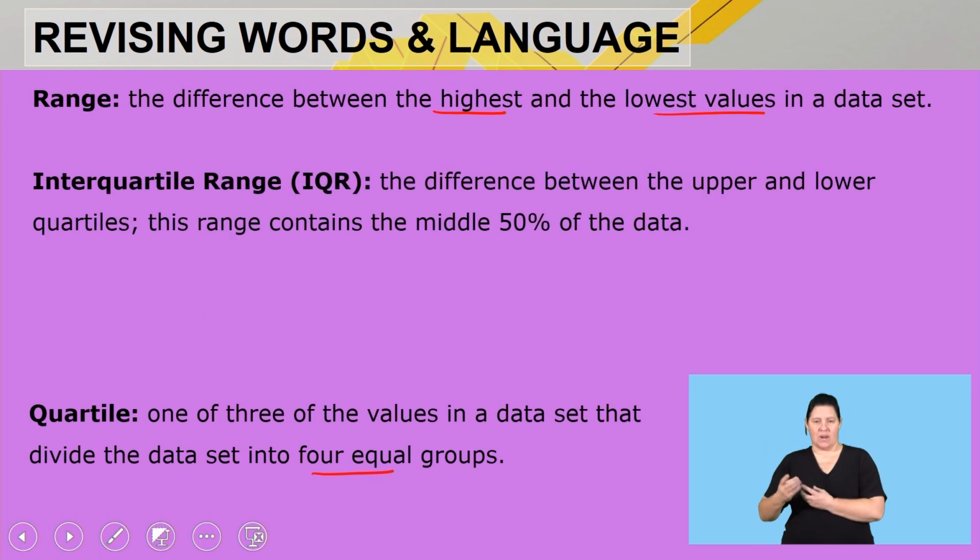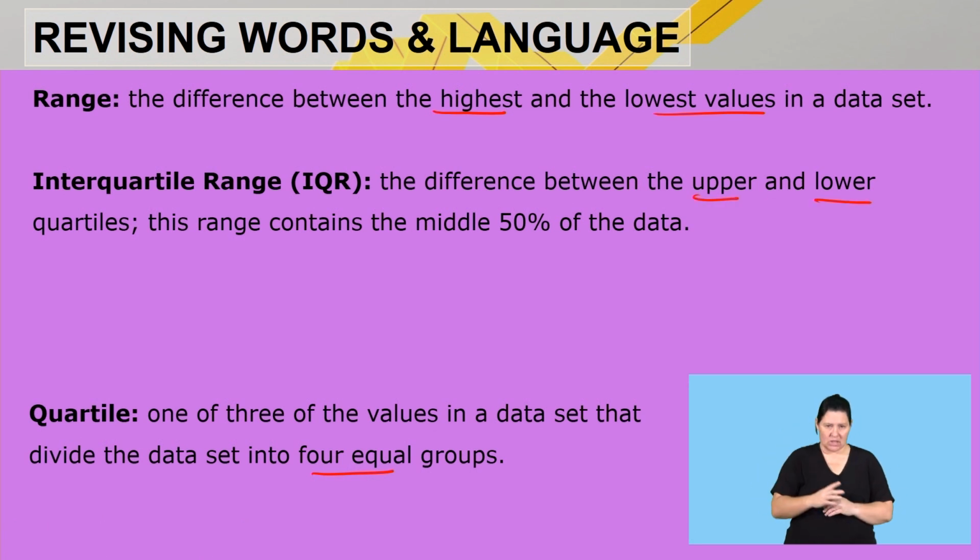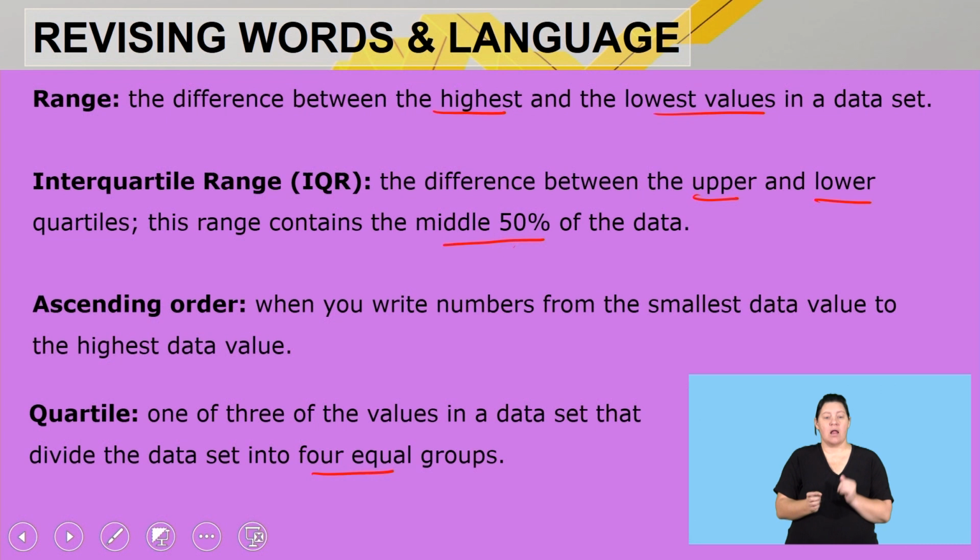Also important to know is that the interquartile range is the difference between the upper and the lower quartiles, and this range normally contains the middle 50% of the data. Lastly, ascending order means you write your numbers from the smallest value to the highest value. You'll see this is especially important as we move along with this lesson.